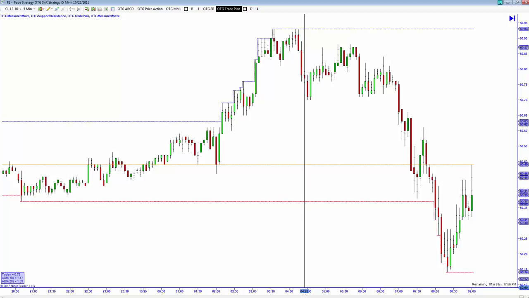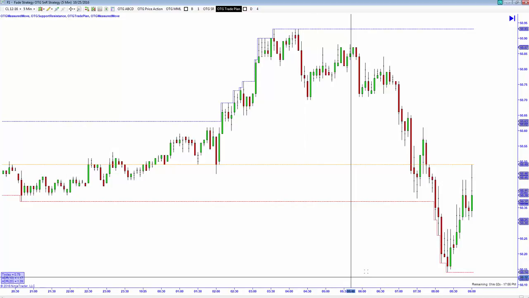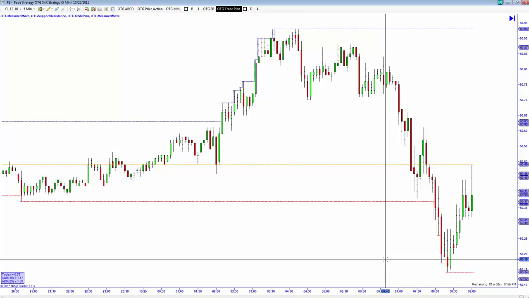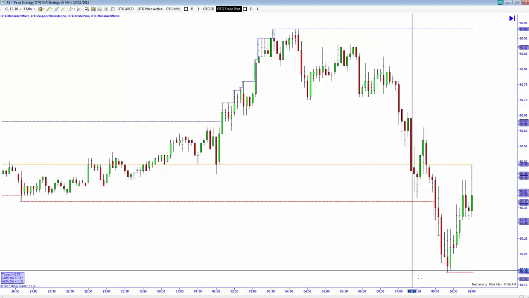The overnight session, which starts at 5 p.m. Central Time, has a series of price action that goes up until the RTH session, or the regular trading hours, at 8:30 a.m. They form a series of dynamic support and resistance levels. And then after the open, at various intervals, there are dynamic support and resistance levels that form also. In addition to that, we do some more traditional technical analysis to provide you with some very important levels on a trading day, and we put those levels for you in your trading plan.